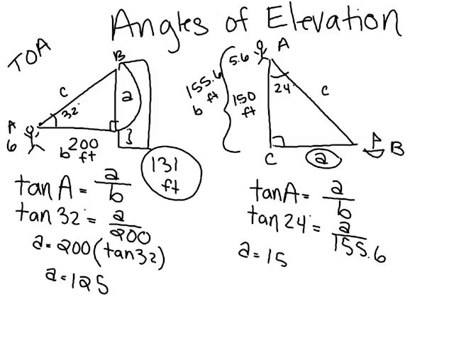A equals 155.6 times the tangent of 24 degrees. Grab your calculator, 24 tangent times 155.6 equals 69.28. Does everybody get 69.28?